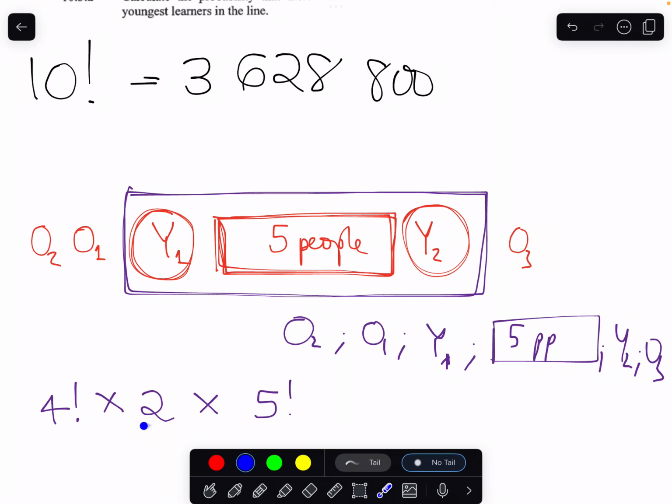And then 2 is counting the number of ways that we can have Y1, Y2 ordered. So it could either be Y1, Y2, or Y2, Y1. That one's pretty straightforward. Then 5 factorial is counting the number of ways that we can rearrange the people in this block. And altogether, this tells us how many different ways it is possible for us to have 5 people between the 2 youngest learners.